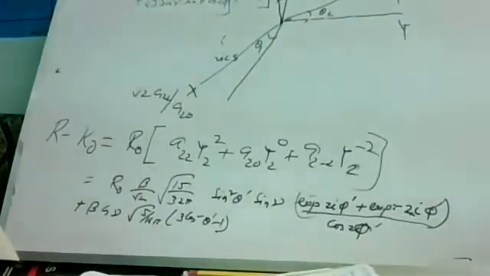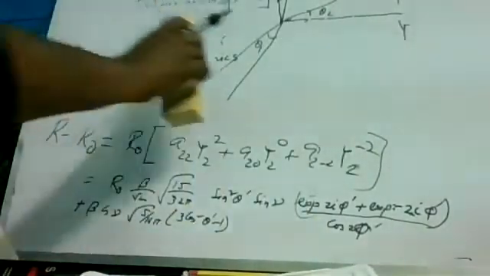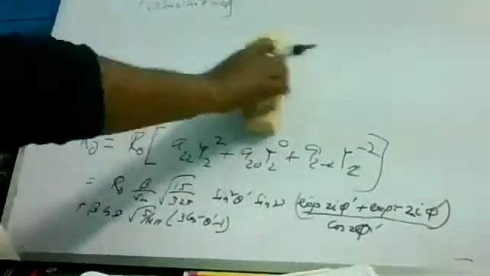Now we can evaluate different axes, say length along x-axis, y-axis, z-axis, depending on the value of theta dash. For example, for the x-axis, theta dash will be pi by 2 and phi dash equal to 0.